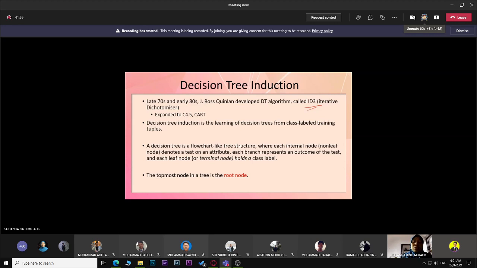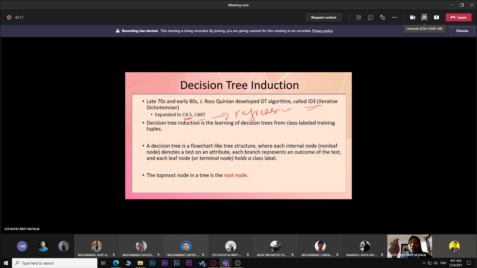At first it was ID3, and there are some other expansions of the algorithm known as C4.5 and also CART. And CART is actually a regression method.